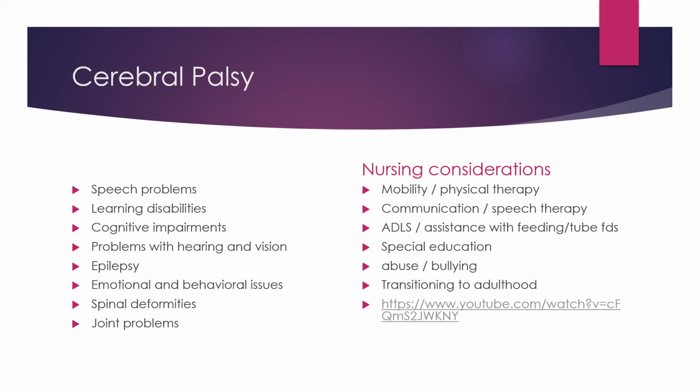And then gross motor movements like walking or sitting or standing. And then non-spastic, what's notable about non-spastic cerebral palsy is that they have these involuntary jerking movements that they can't control. And that can also be difficult to manage.